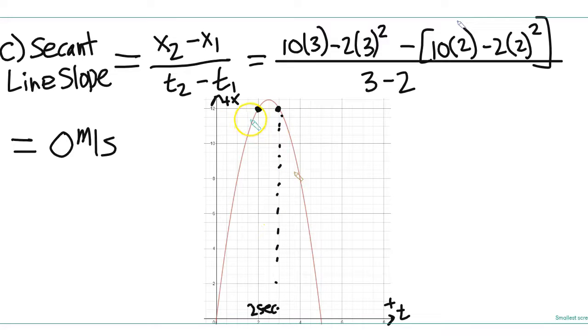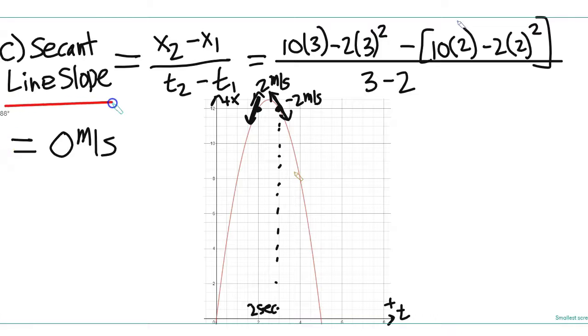And then notice that this is the instantaneous velocity that was 2 meters a second. And here's this other instantaneous velocity, negative 2 meters a second. But notice the secant line slope, let me change color here to emphasize what I'm talking about.